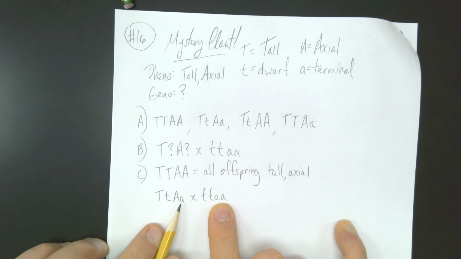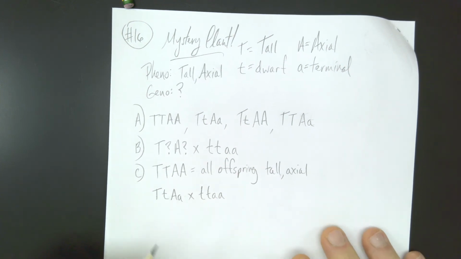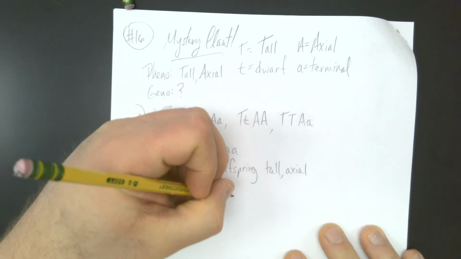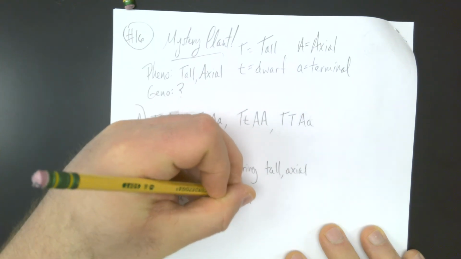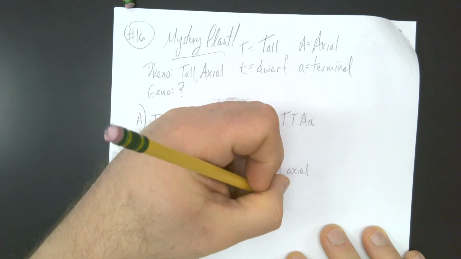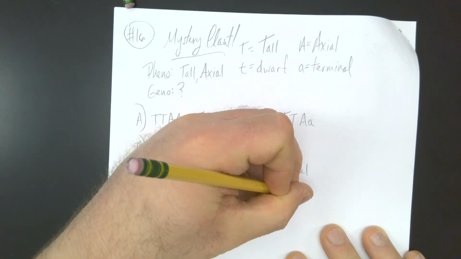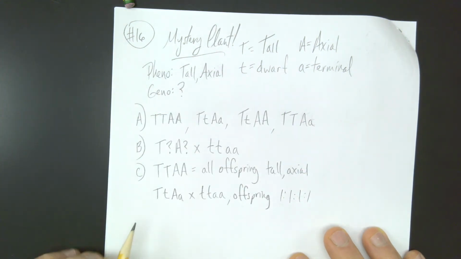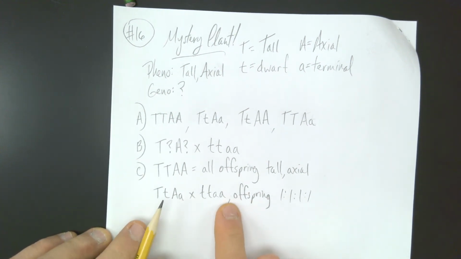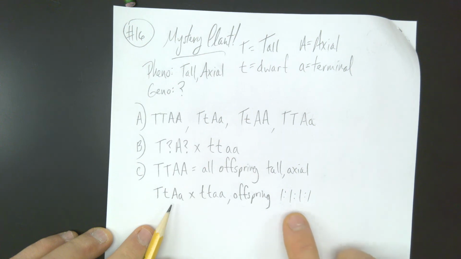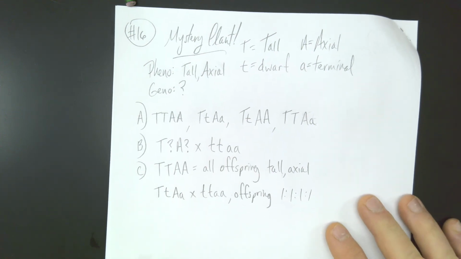They could be dwarf with terminal flowers. So in this case, the offspring would have what's called a 1 to 1 to 1 to 1 ratio. So you get equal probabilities with all of them.